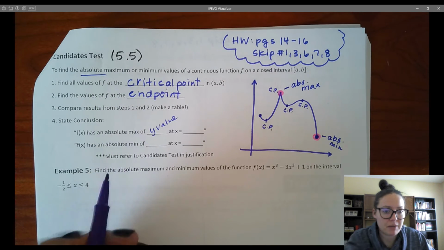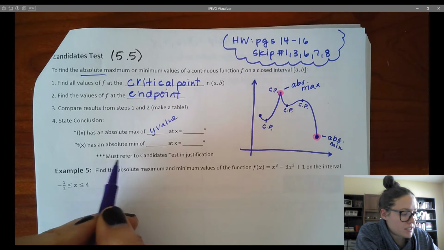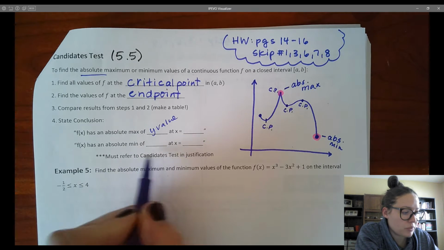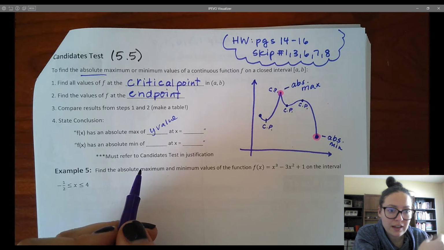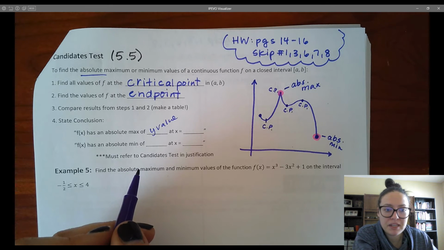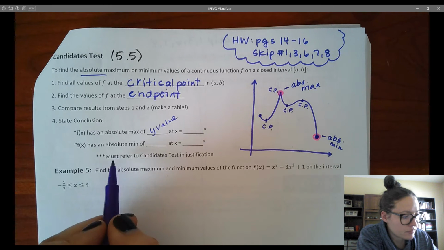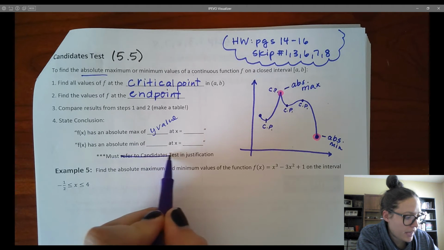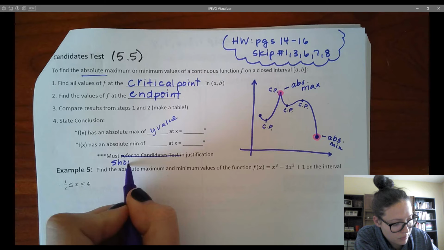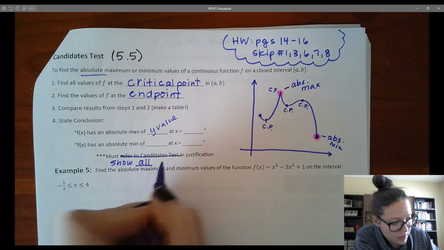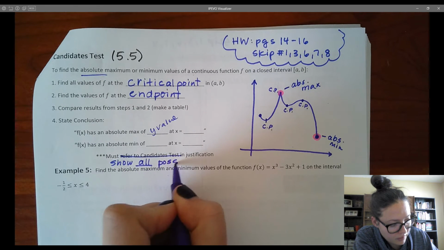So I'm going to change this. You don't have to necessarily refer to the candidates test. You don't have to say, I know this is the absolute maximum because of the candidates test. But what you must do is show all possible candidates.